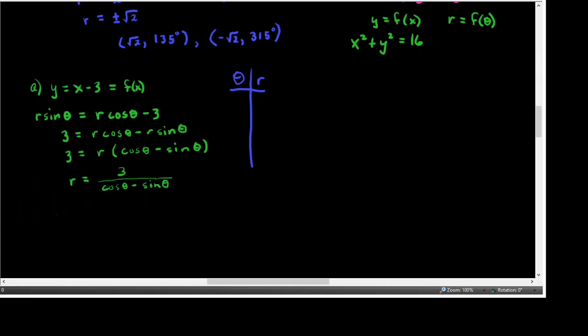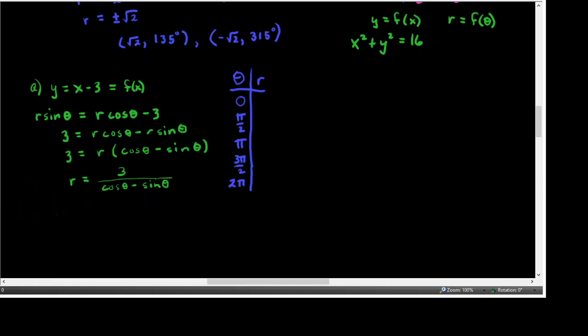For something this complicated, that's going to be a real pain. There are a couple of easy ones we could do though. These are nice: if I picked 0, pi over 2, pi, 3 pi over 2, and 2 pi, just to get us started on how you graph. So let's see.